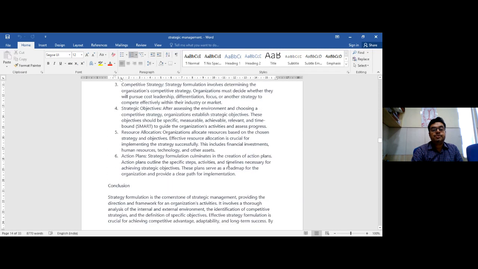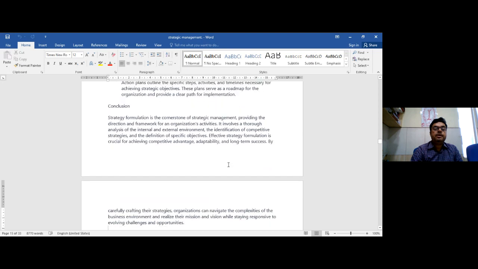So the conclusion here in terms of the strategy formulation process is: strategy formulation is the cornerstone of strategic management, which provides the direction and framework for an organization's activities.